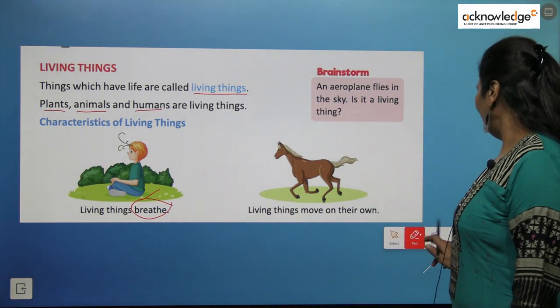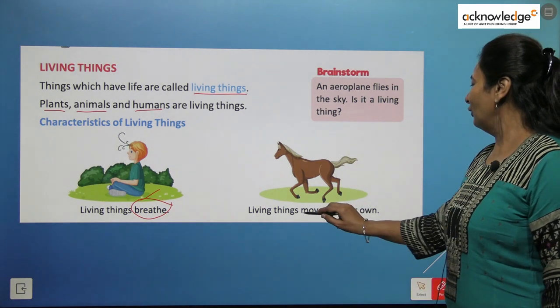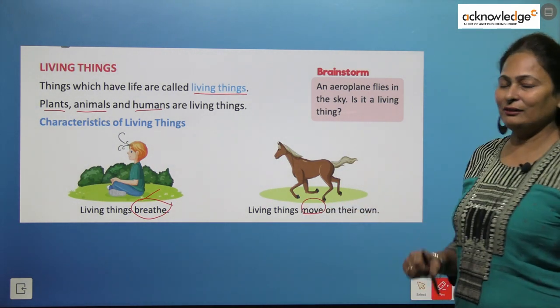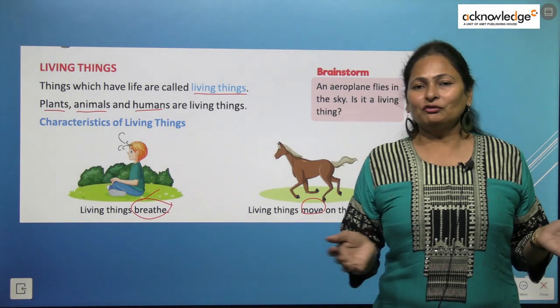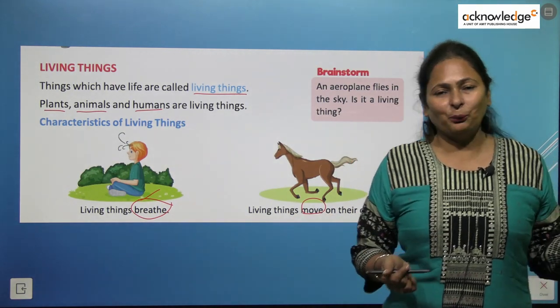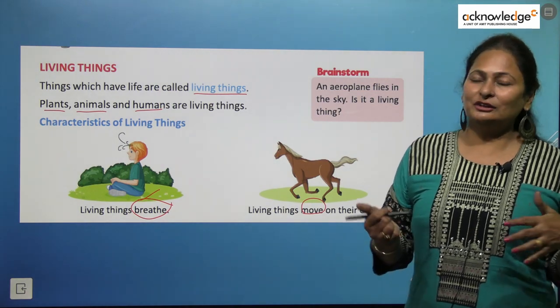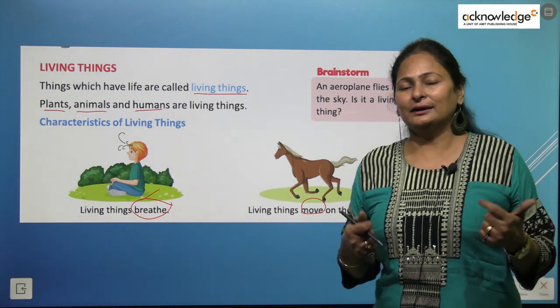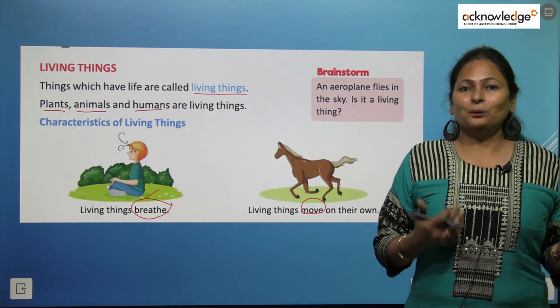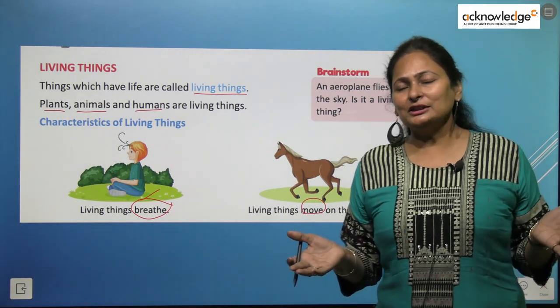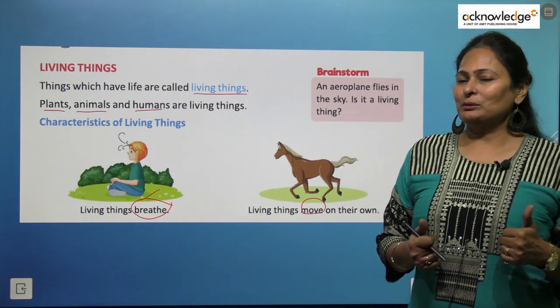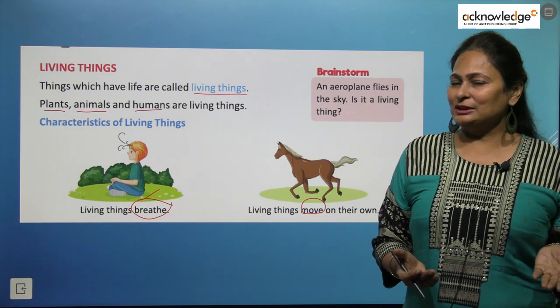Second, living things move on their own, like we can move from one place to another very easily. We play, we run, we jump, we cycle, we walk. Animals also move from one place to another.